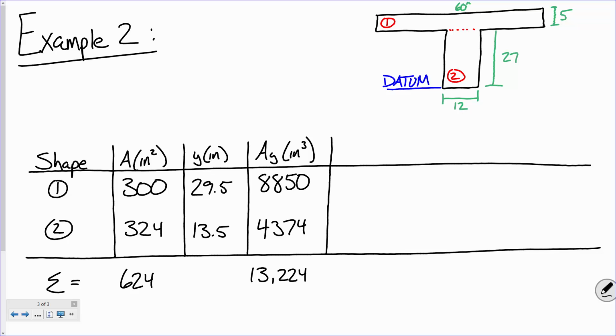Is everybody good? So can anybody tell me what is the centroid of this section? What's the centroid?